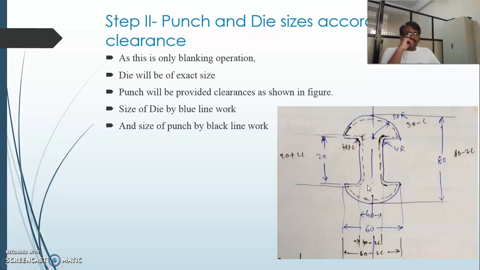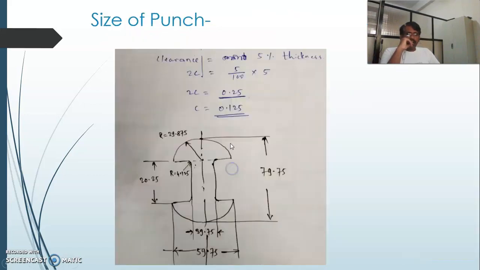So this way you have to provide the clearances for the punch and the die, and then you should draw on the sheet the exact die size and punch size after calculation of the clearances. The clearance 2C is 5% of the thickness for EMS, and 5% of thickness means 5 by 100 into 5, so it becomes 0.25, which is the 2C value.